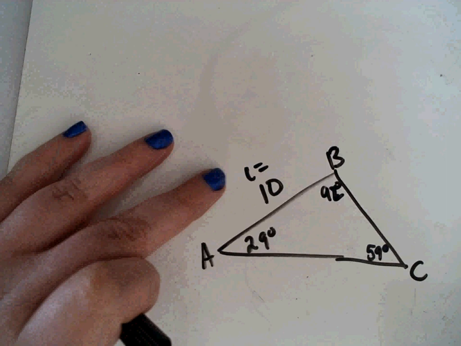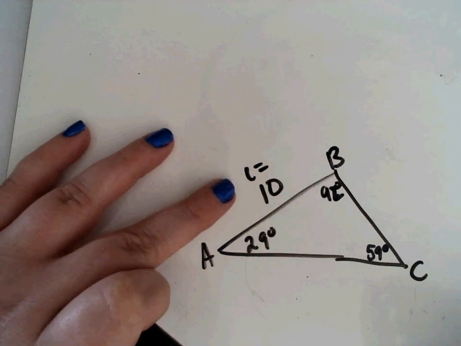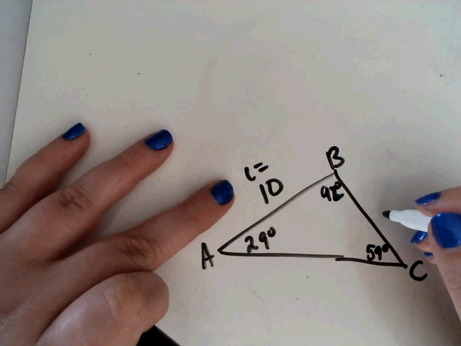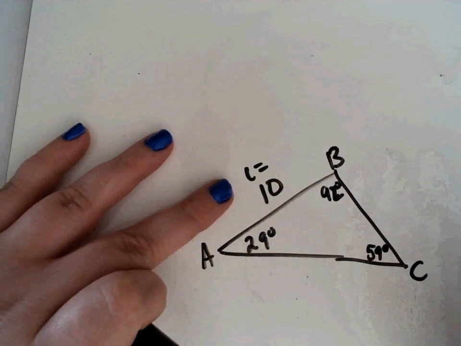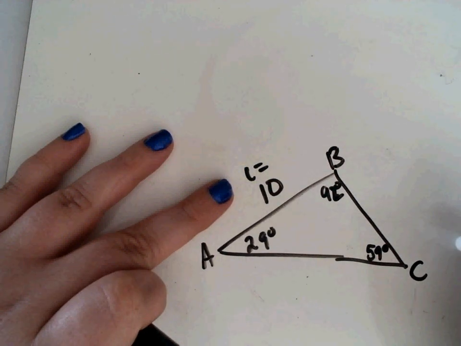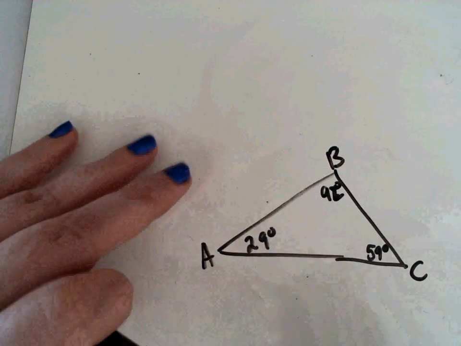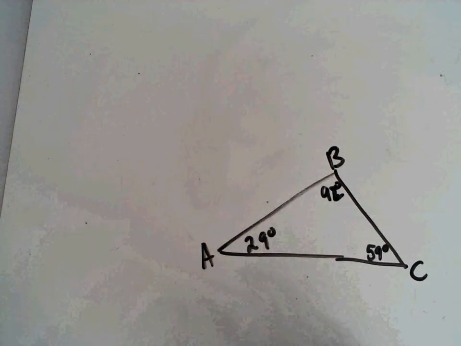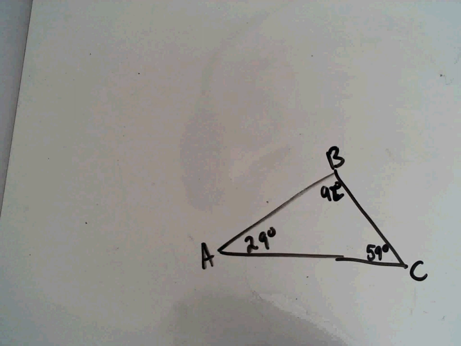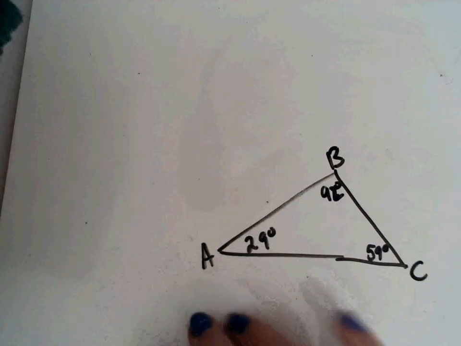So say I said side C is 10, and then I said side A, no, sorry. This whole premise is me trying to figure out how you could determine whether or not something is feasible or not.